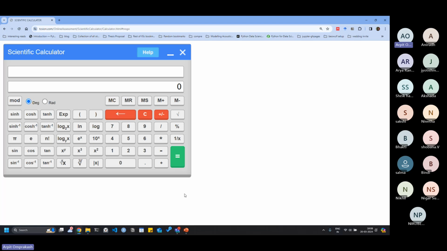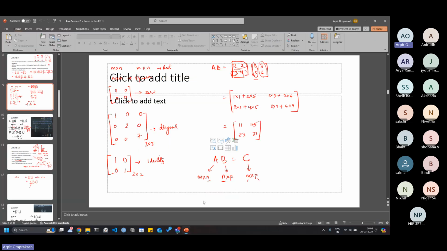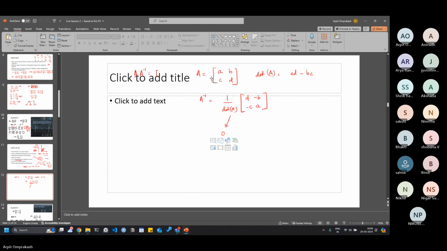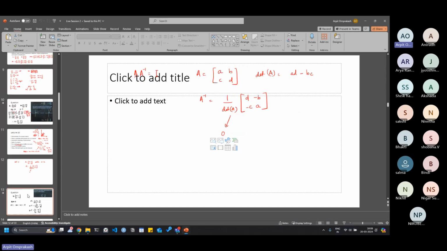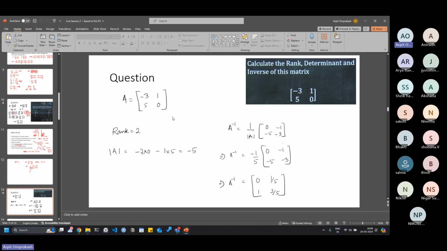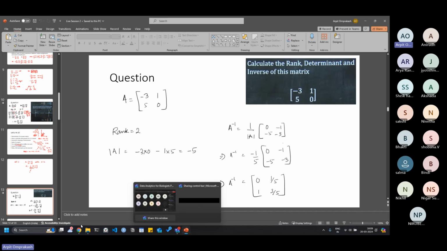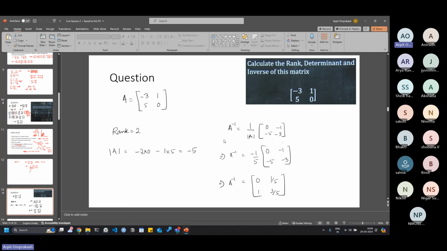So let's say if I want to calculate the determinant of this, I need to do this multiplied by this minus this multiplied by this. That I can pretty easily do by hand, but if you have fractional values or something that you can't, then you can easily use the calculator to do these calculations.